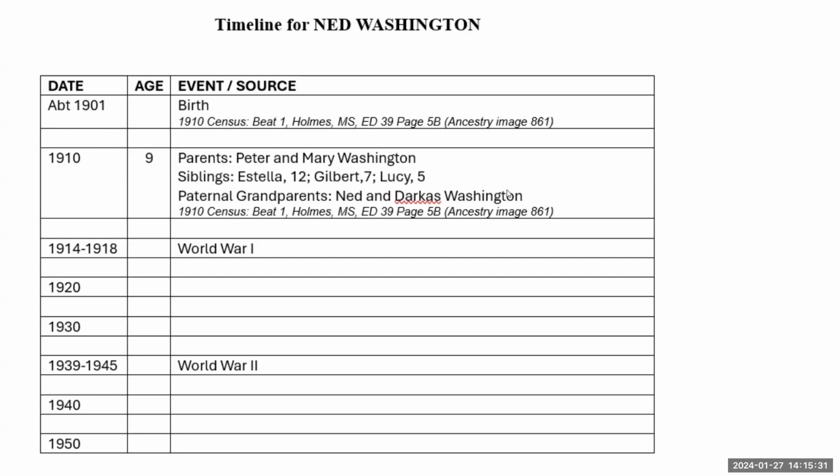Again, it lists in that census his parents, his siblings, and his paternal grandparents. I added as historical facts World War I and World War II, because that probably affected his life. Maybe he served in the war, maybe he didn't, but that's a historical fact that I added to his timeline.